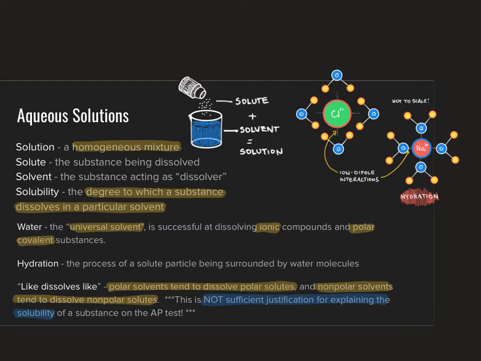You'll need to go into a more complete description of why there is a favorable interaction between particles, either from a thermodynamic standpoint when we get to chapters 6 and 16 later on in the book, or you can talk about it in terms of the attractive forces and intermolecular forces of attraction, ion-dipole interactions, and that sort of thing as well. But again, like dissolves like, even though it's a good way to remember the solubility rule, is not sufficient explanation as far as the AP test goes.